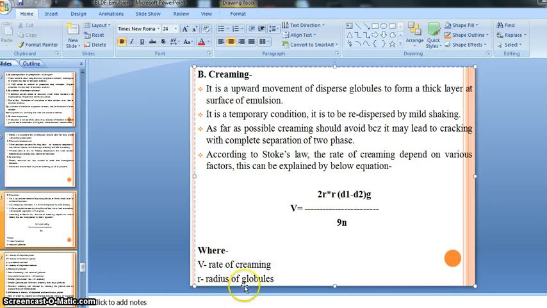Then small r is the radius of our globules, whatever globules are dispersed into the continuous phase, whether oil globules or water globules. Our disperse phase becomes fine globules that are distributed throughout the continuous phase. So small r is the radius of our fine globules.